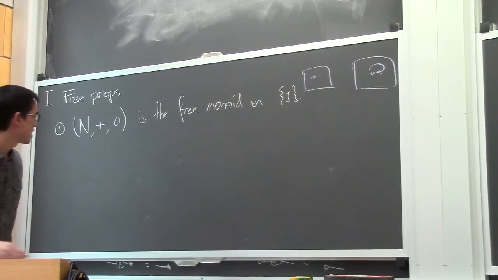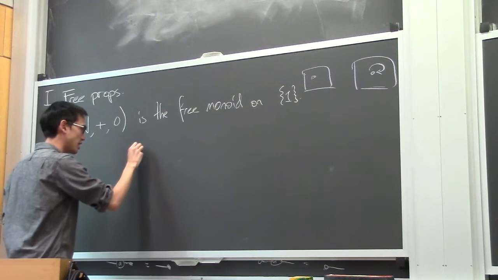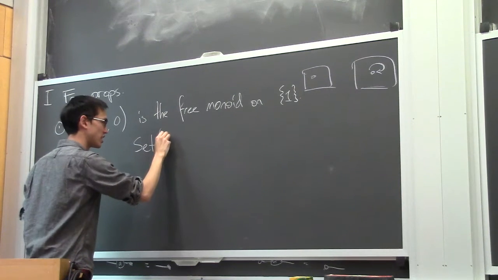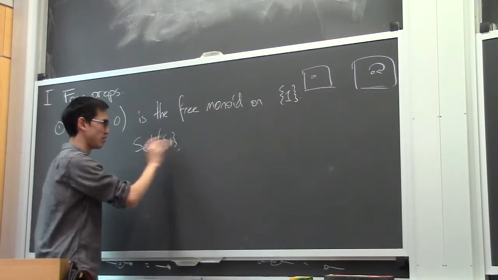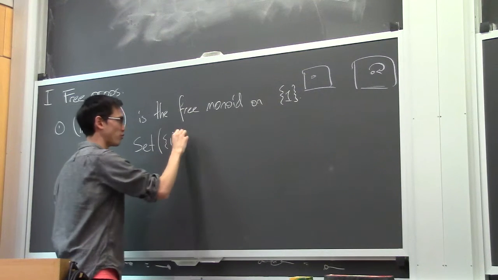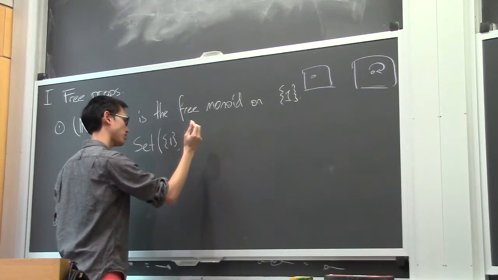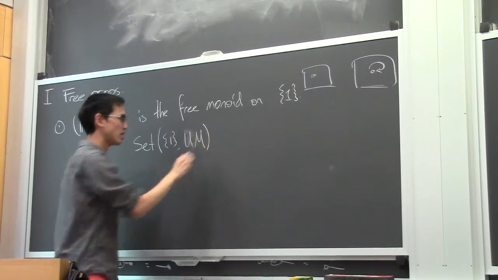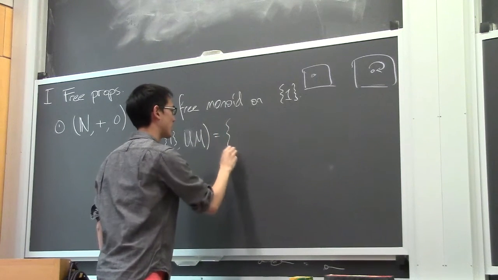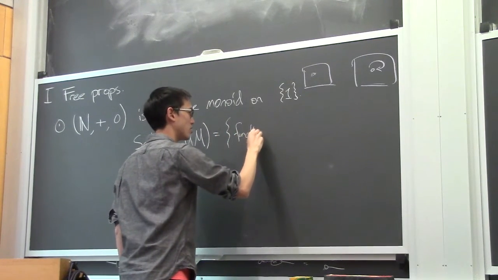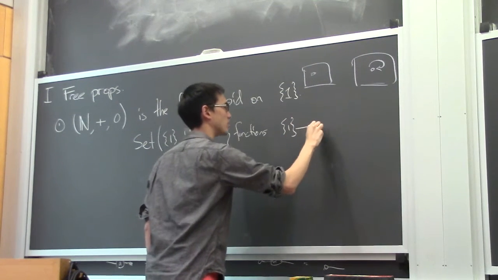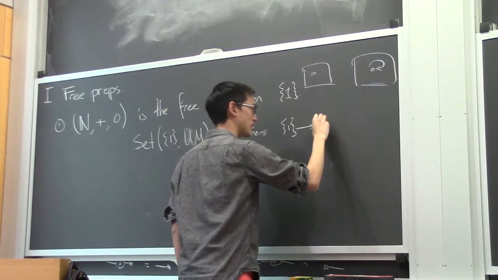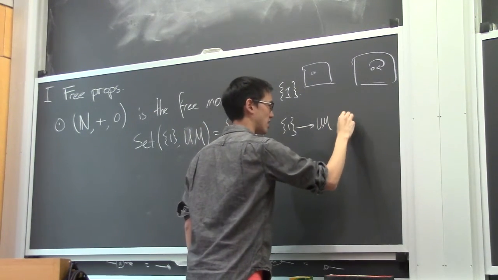So one way to understand this, or one property of the natural numbers, is that if you look for functions, so you could consider the set of functions, this Hom set of morphisms from 1 to any other set. Let's say it's the underlying set of a monoid, so I'm going to write U of M. So this is the set of functions from 1 to the underlying set of a monoid.